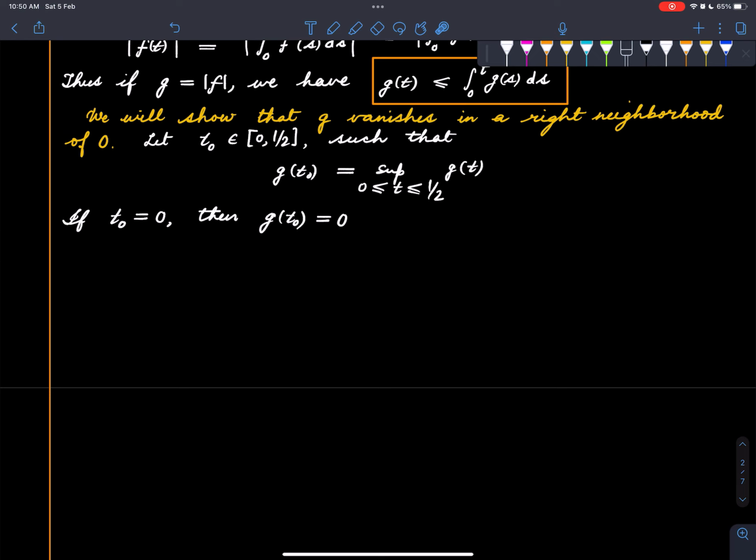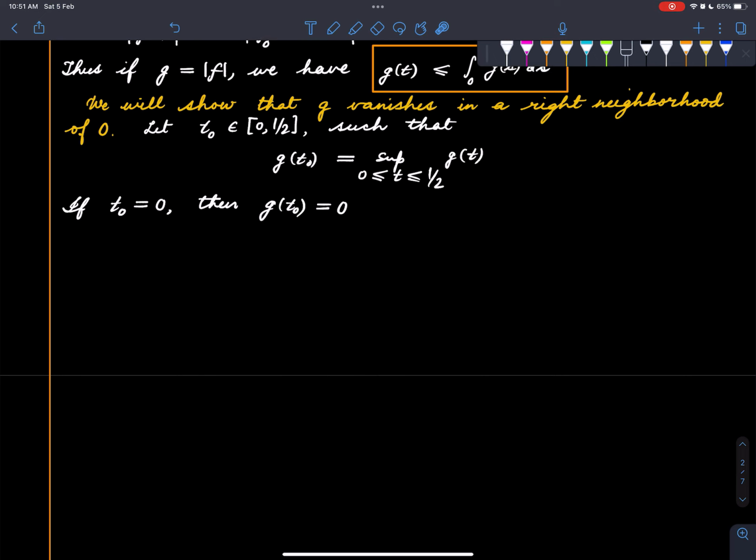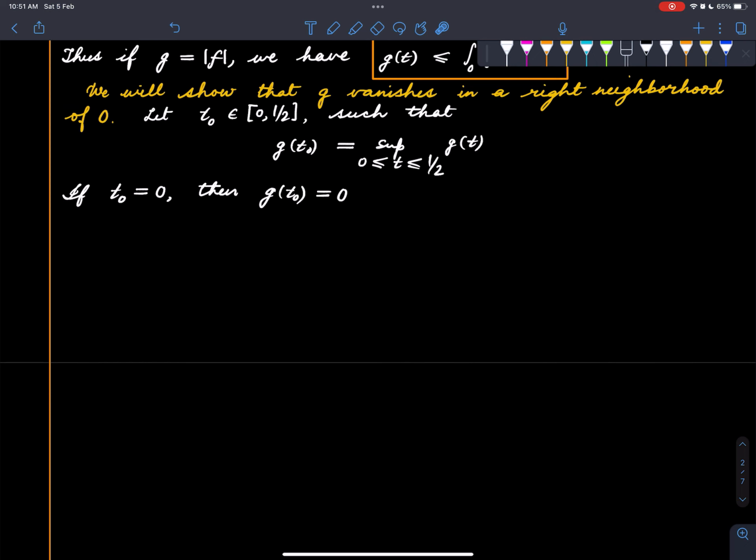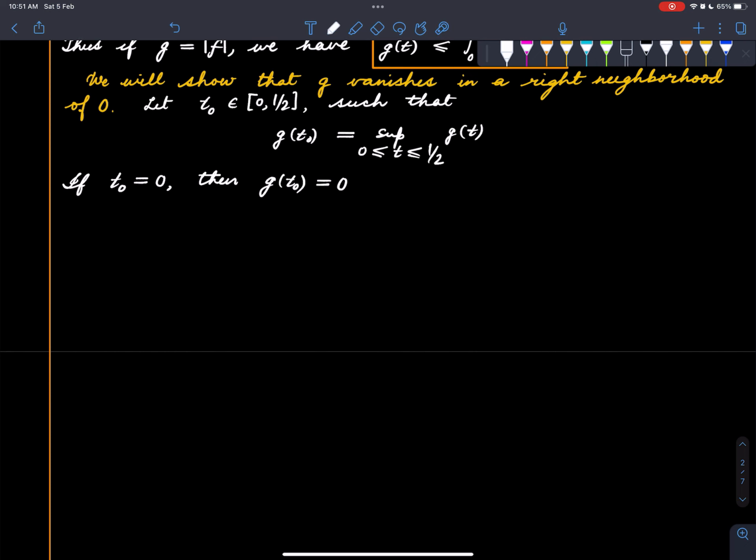But since g is already a non-negative function, that would mean that g takes the value 0 everywhere on this closed interval, and hence what we wanted to prove, this yellow statement, would hold, because this is a right neighborhood of 0. All right. So if t₀ were equal to 0, then we are done. So we may assume that t₀ is not equal to 0.